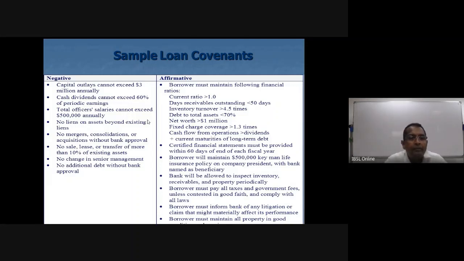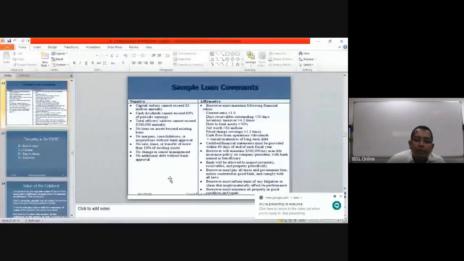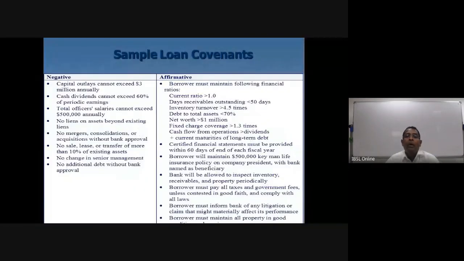It's an example. Negative: capital outlay, that is the investment, cannot be more than this. Cash dividend cannot be more than this. Whereas affirmative: the borrower must maintain a current ratio and debt equity ratio.